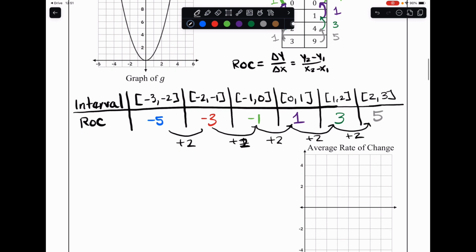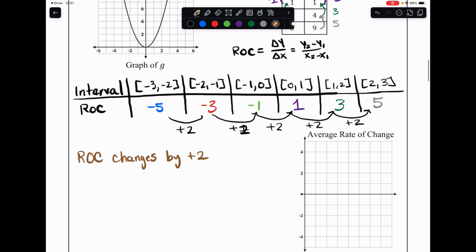So what we see here is that the rate of change changes by +2. If you look at what that looks like, it's a straight line right here.